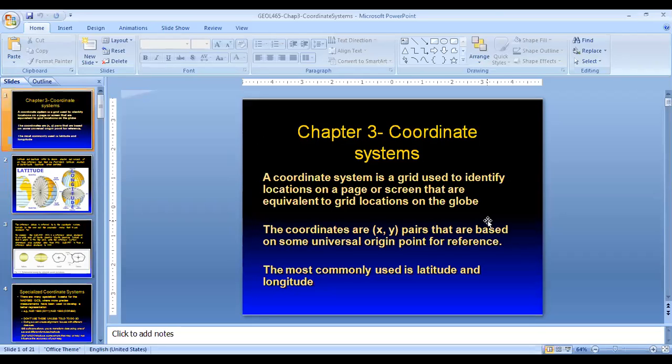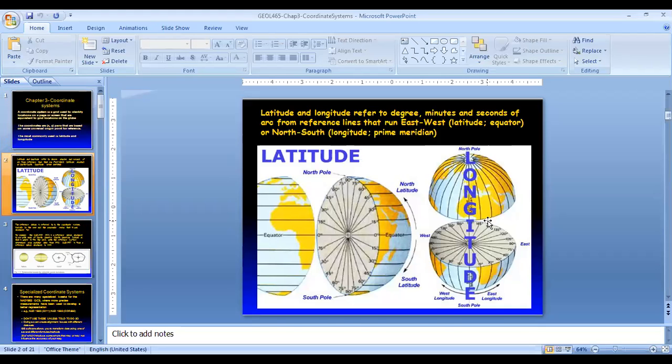See here, latitude and longitude refer to the degrees, minutes, and seconds from the reference lines, east, west, or north, south, right? Prime meridian. And when we consider the globe, see here, north to south pole, with respect to the equator line, 0 degrees.